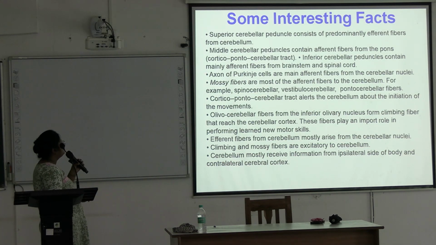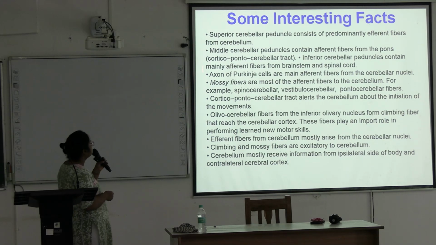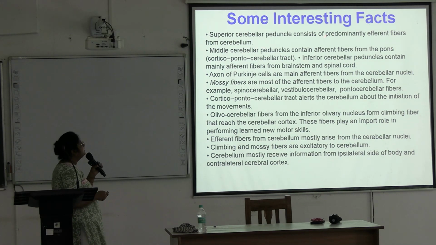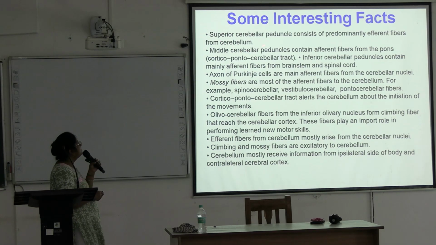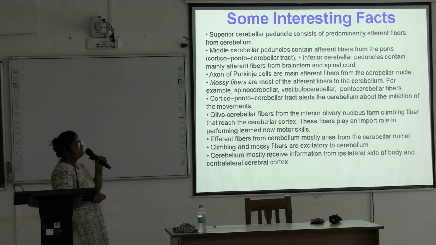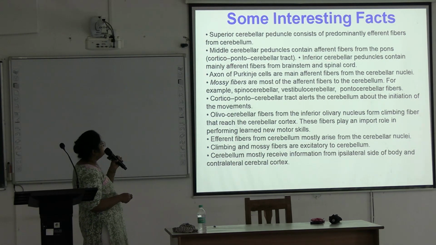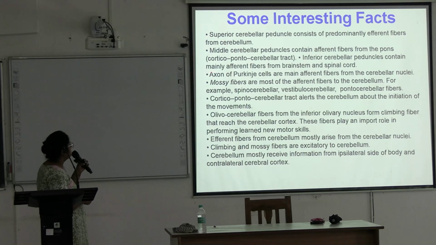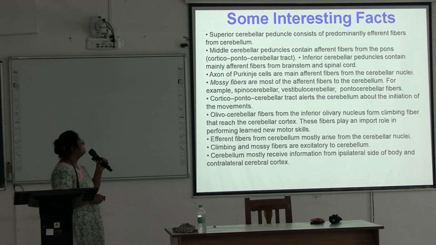So these are some interesting facts. The superior cerebellar peduncle consists of predominantly efferent fibers from the cerebellum. The middle cerebellar peduncle contains afferent fibers from the pons, the cortico-pontocerebellar tract. And the inferior cerebellar peduncles contain mainly afferent fibers from the brainstem and spinal cord.